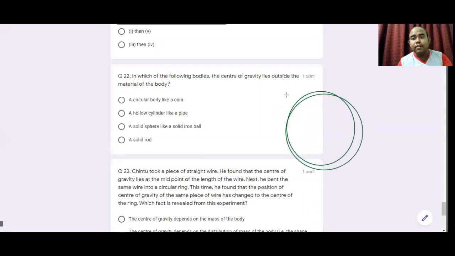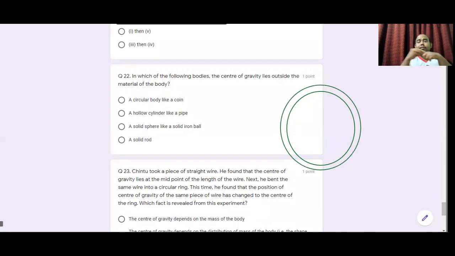Ring means I'm talking about a ring-like object like anguthi. When you have this kind of ring, like which is worn in the finger, the center of gravity lies somewhere in this region, at point P, which I have shown. This point P lies in the air. There is no material, isn't it? So it is definitely possible that center of gravity can lie outside the material of the body.